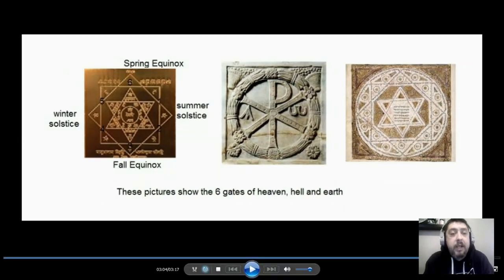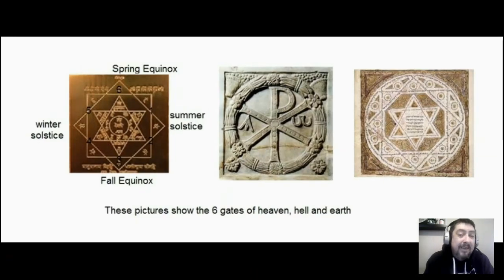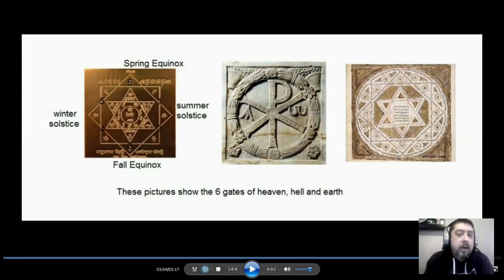As you can see, 2 of the gates, 3 and 6, the moon sets with the sun. Then you got gate 1, which is May 8th, which is Beltane, which is hell. Then you got our summer solstice, which is, I think, June 20th, 21st.